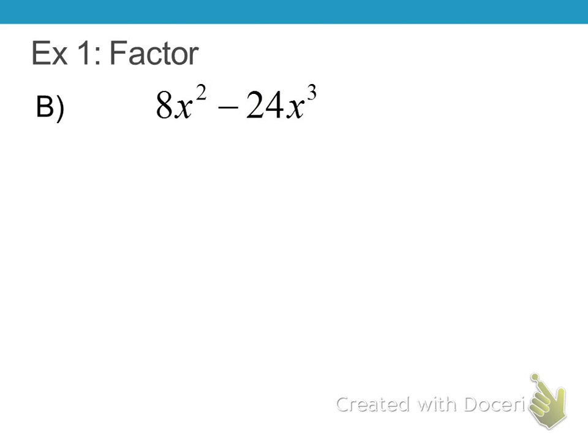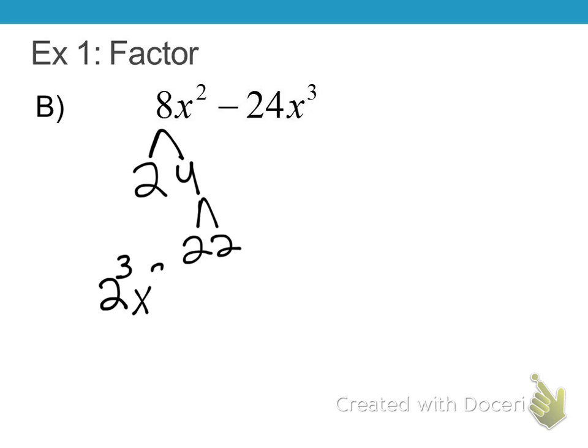All right, here's the next one. Does anyone want to see the factor tree on this one? Okay, let's do the tree first then. So 8 is 2 and 4, and then 2 and 2. So that would be 2 to the 3rd x squared.